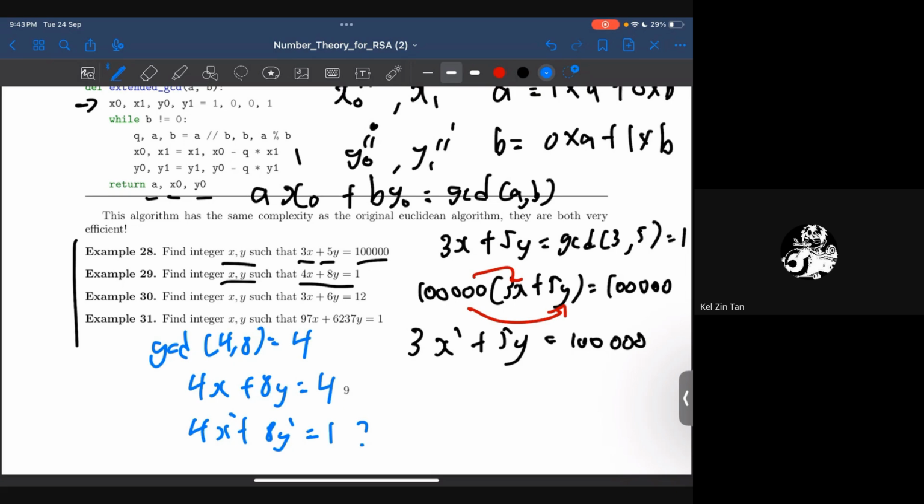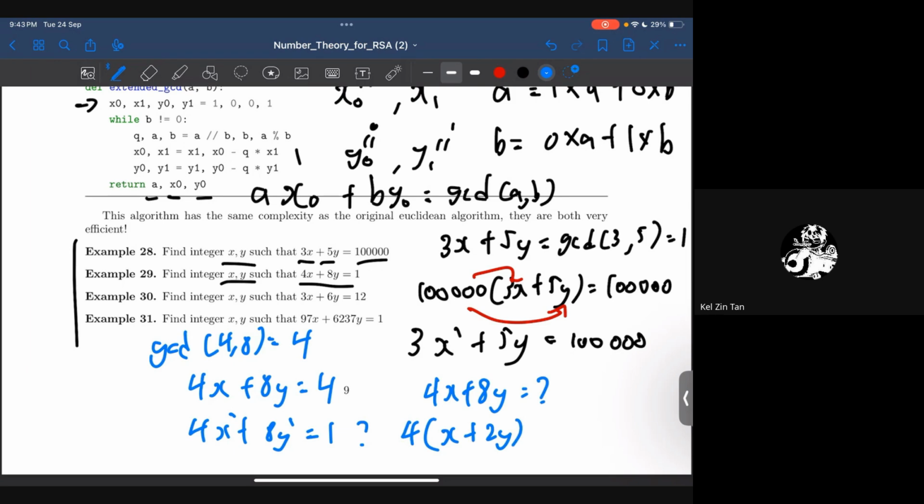It's impossible. The reason being that if the GCD is 4, then I can always take 4 out. No matter what 4x plus 8y is, I can always take 4 out to become 4 times (x plus 2y).